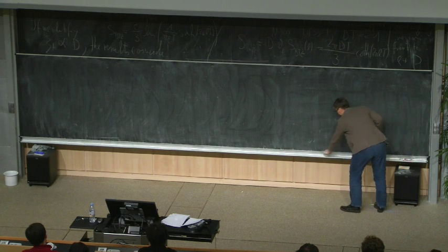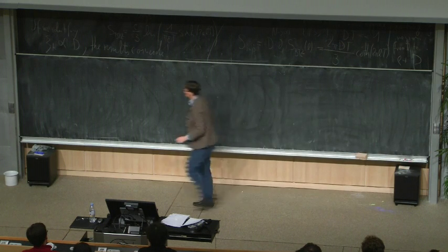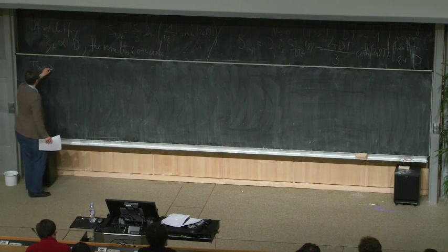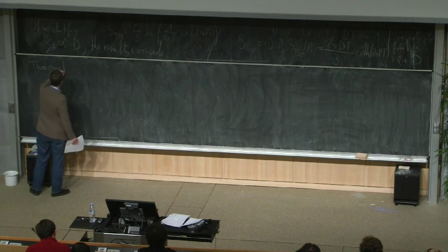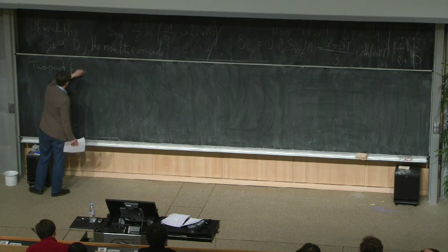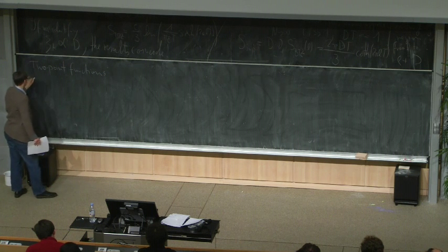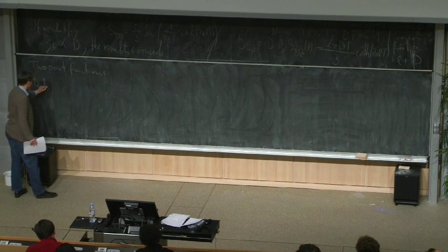Okay, so let's go back to the probe limit. If I mean two-point functions, I really mean retarded and, of course, also advanced Green's functions.